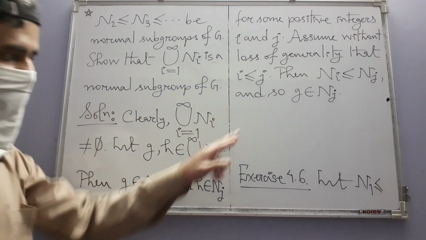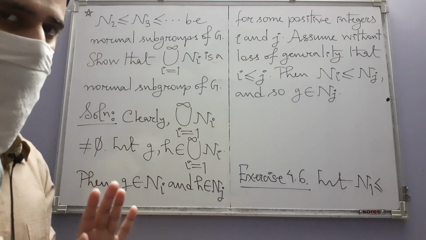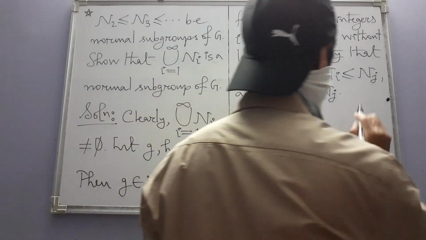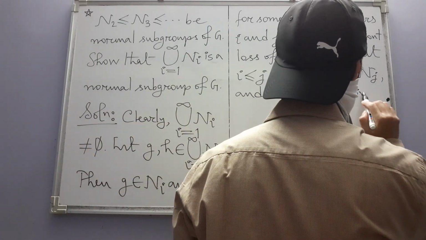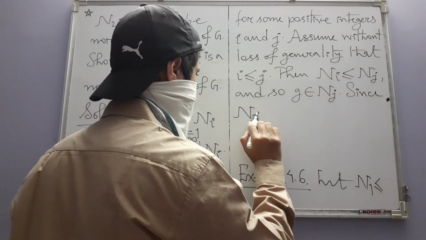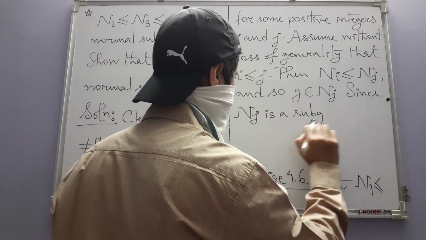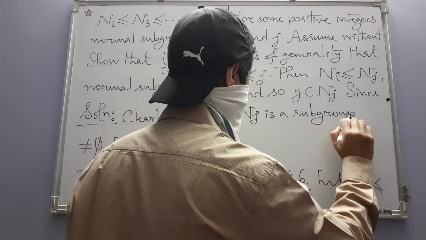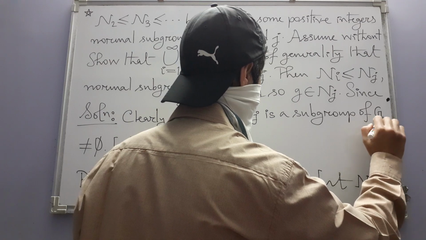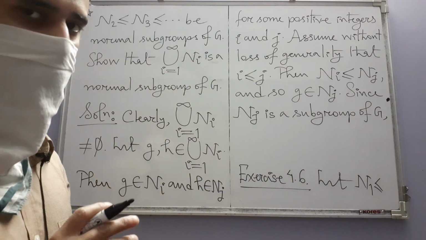Now G and H are both in Nj, and Nj is a subgroup of G. Since Nj is a subgroup of G, it's a normal subgroup, but we do not need the normality of Nj right now.